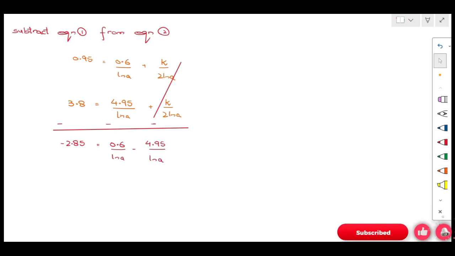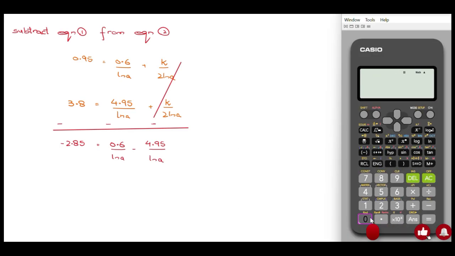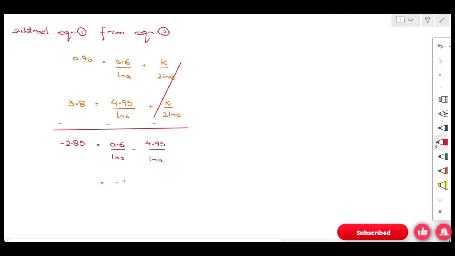Okay, the base is the same, just subtract the numerators. 0.6 minus 4.95, that is minus 4.35. Negative 4.35 divided by natural log of a, negative 0.85.